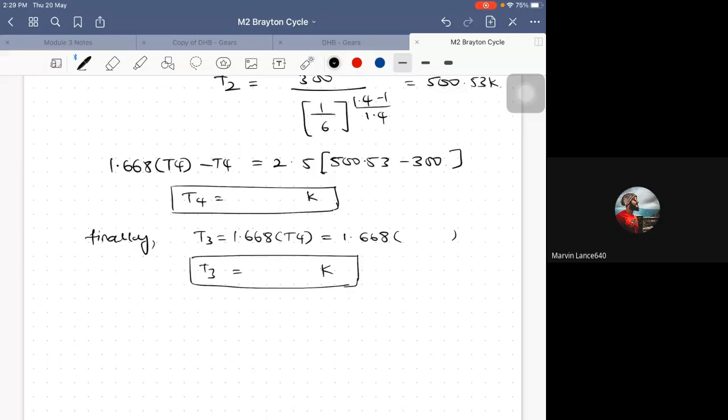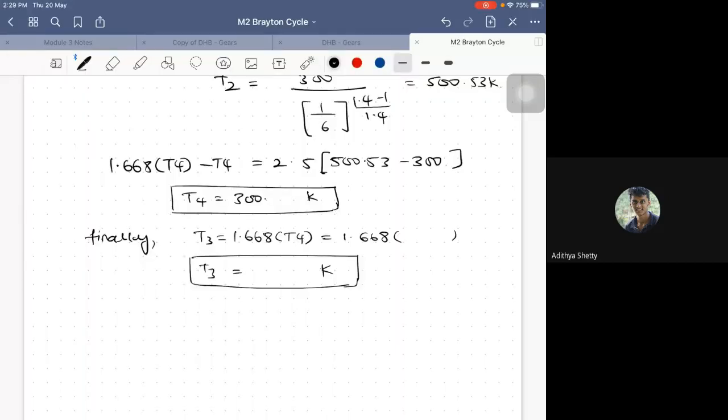Which one is 300, Aditya? T4? T4, sir. Okay, 300.589. So substitute here 300.589. So give me the value of finally the maximum temperature.